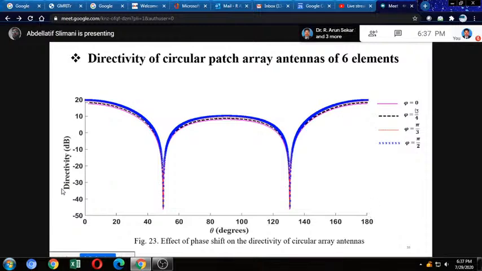If I change the phase shift toward pi per 4 or pi per 3 or pi per 2, I can observe that I have no effects on the radiation performance or direction of propagation. So for this type of array antenna, the circular patch array antenna, if I change phase shifts, I do not have any change on the level of radiation or direction of propagation.